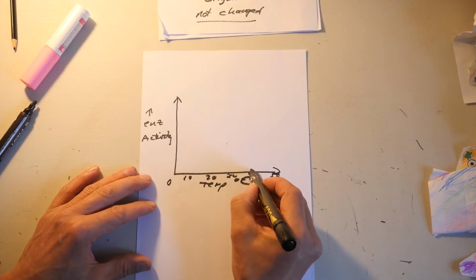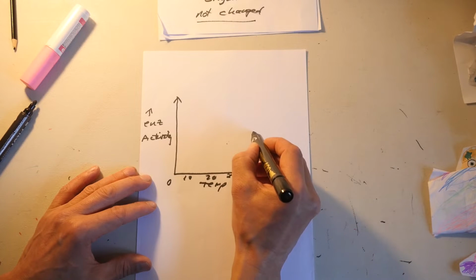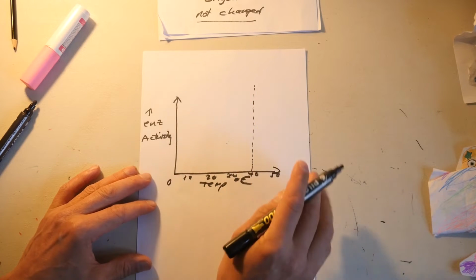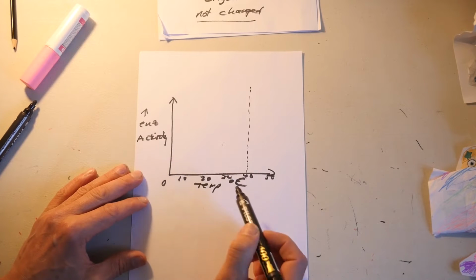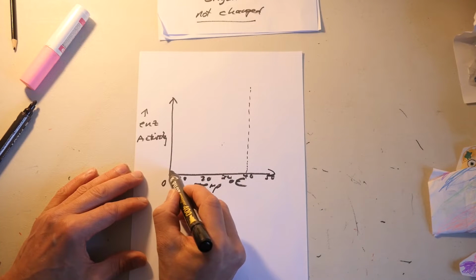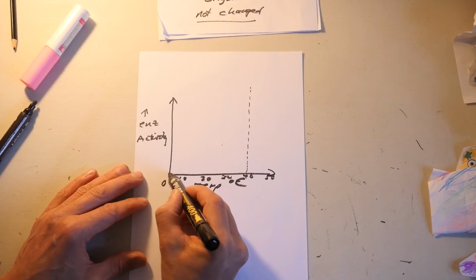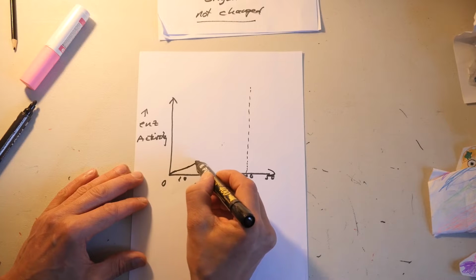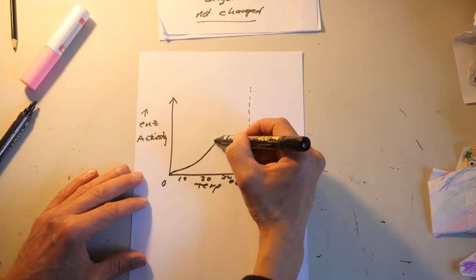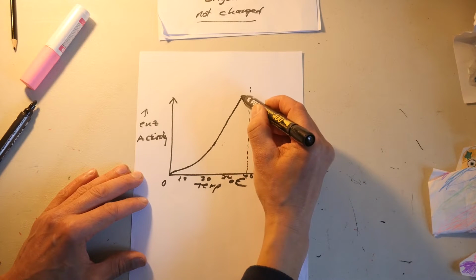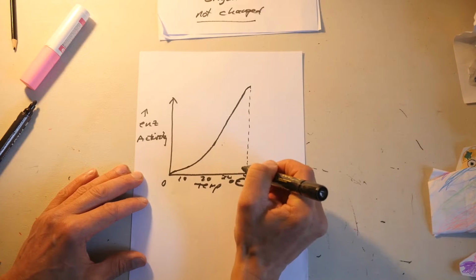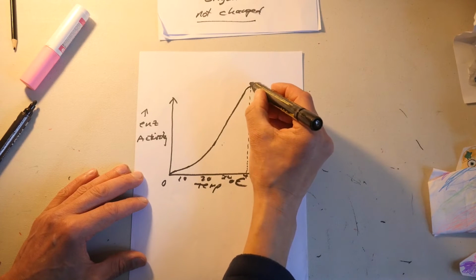In mammals such as humans, you have the optimum temperature at about 38 degrees, roughly, okay? And so the enzyme activity will be really low at the start. At 0 it's basically 0, and then it gradually rises until it reaches an optimum at 38 degrees centigrade roughly.